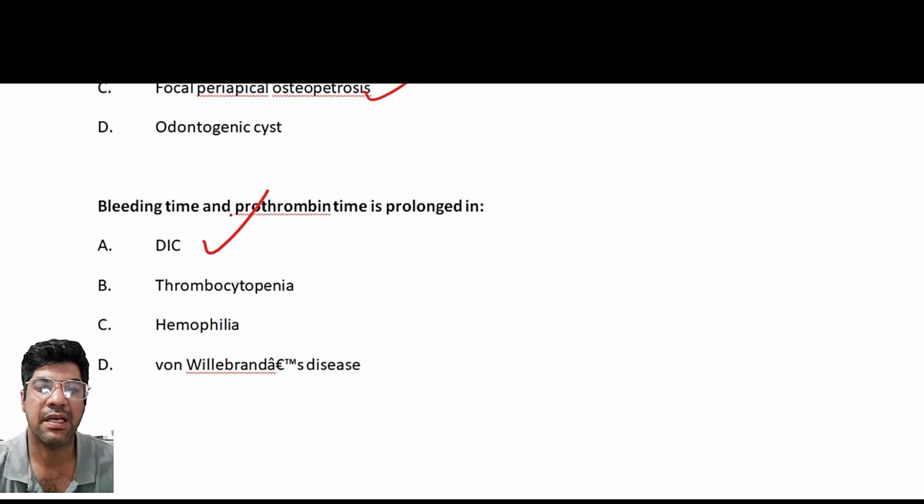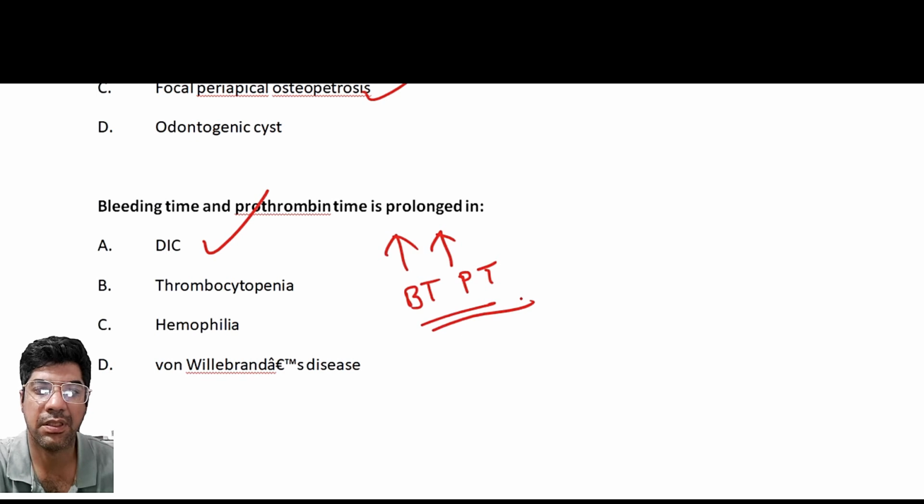This consumption results in both the bleeding time and prothrombin time being increased. It is a condition characterized by abnormal clotting and excess bleeding, making it the correct choice in this scenario.